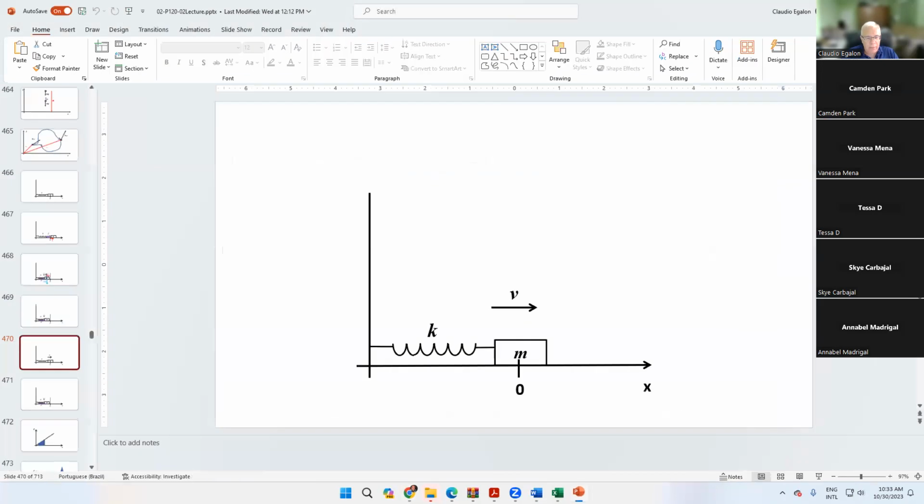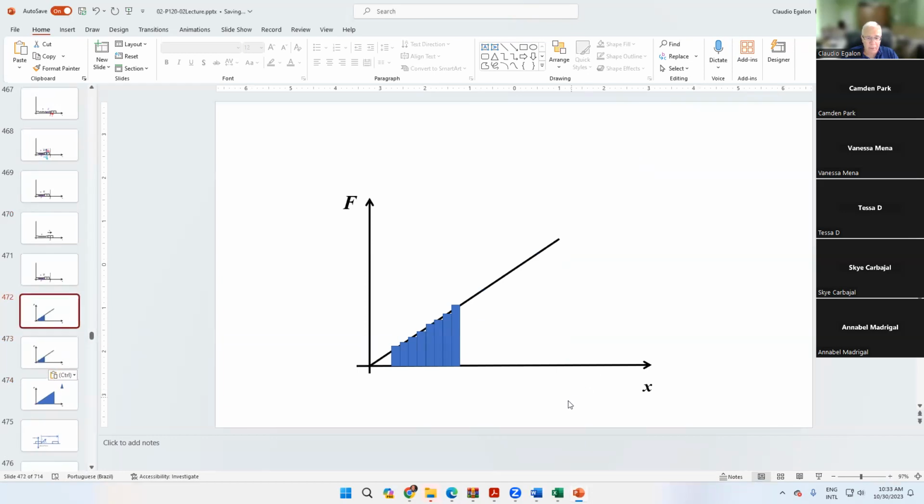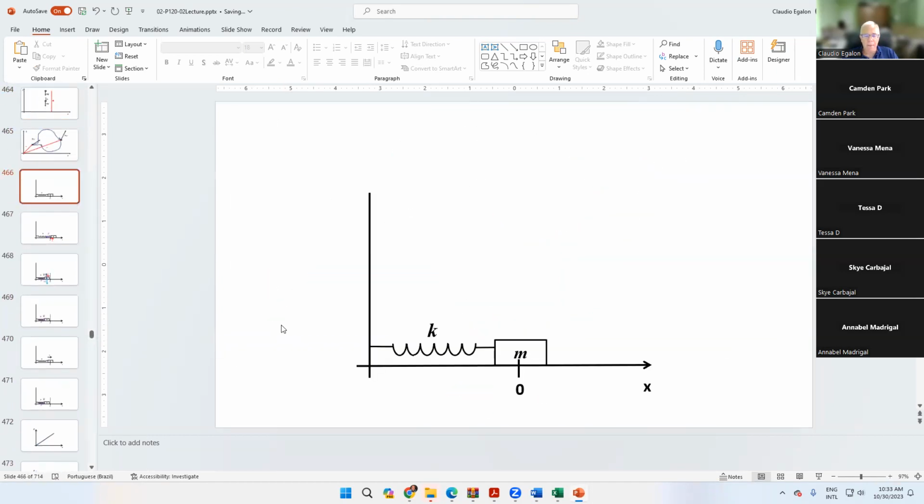Okay, in this case, let's see if I have my drawings here. Oh yeah, here you go. In this case, the Hooke's force law is linear with the position or the displacement from origin. Let's take a look again at the drawings here so you have a better idea. We have this mass here at the origin.